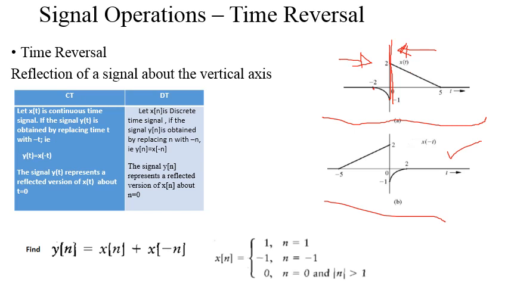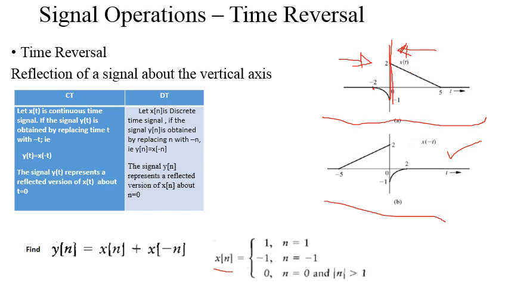Okay, so similar arguments apply for the case of the discrete time signal. For example, we have a discrete time signal defined by x of n, which is equal to 1 for n equals 1. It has value of minus 1 when n equals minus 1, and 0 when either n is 0 or absolute value of n is greater than 1.